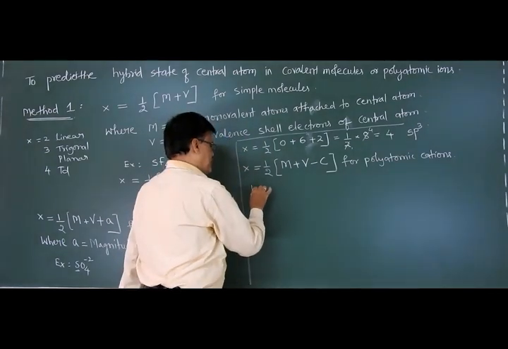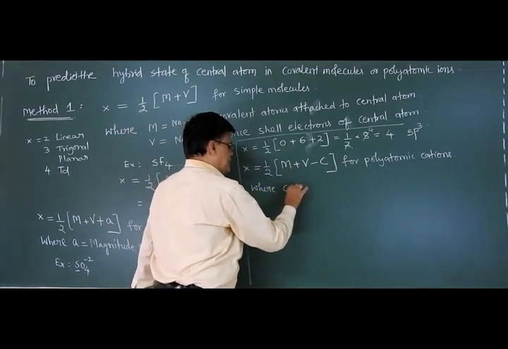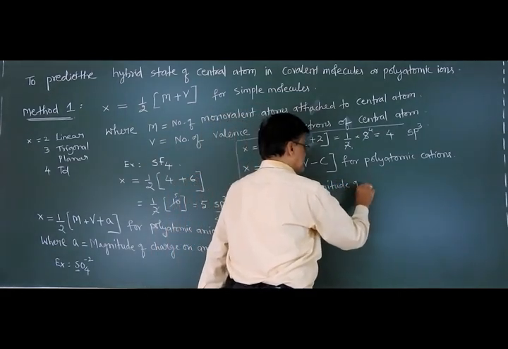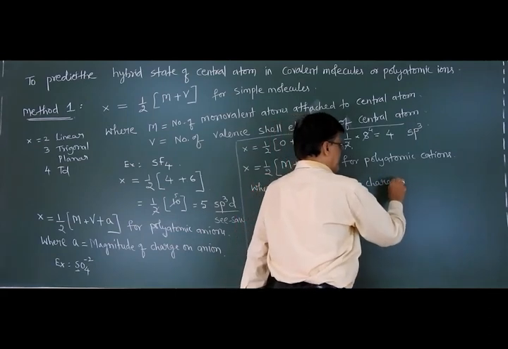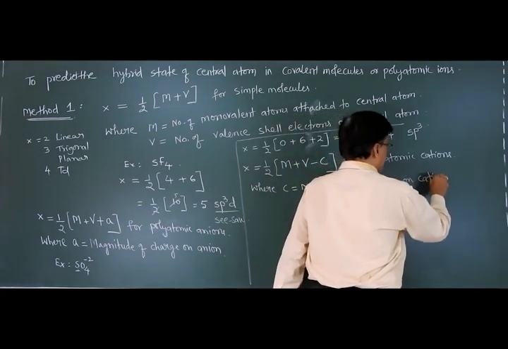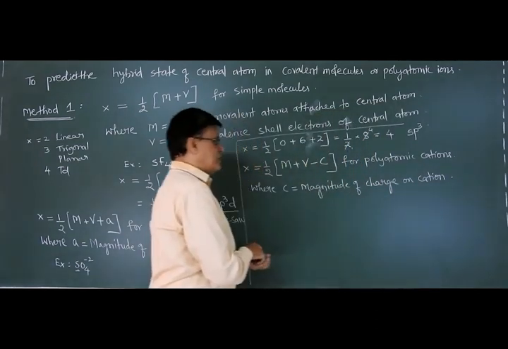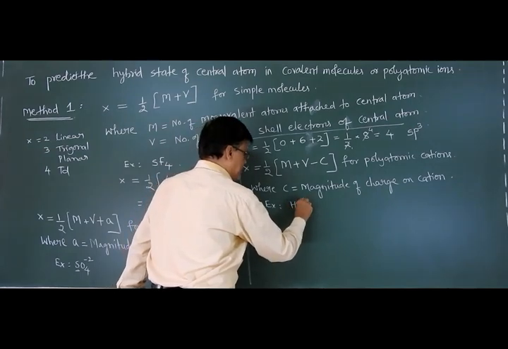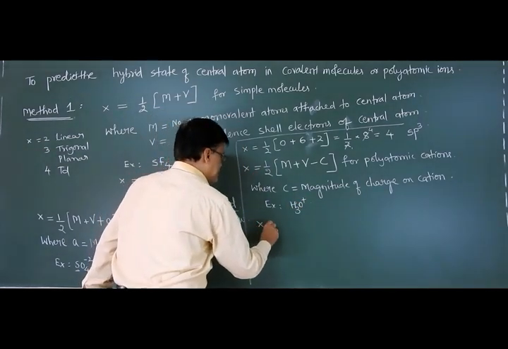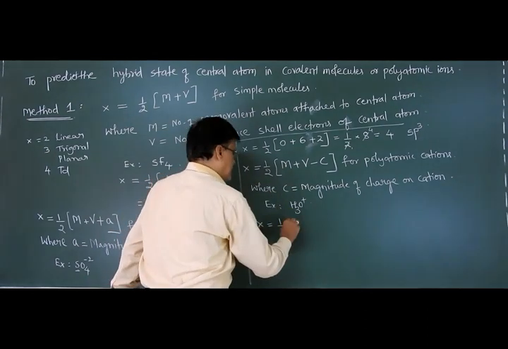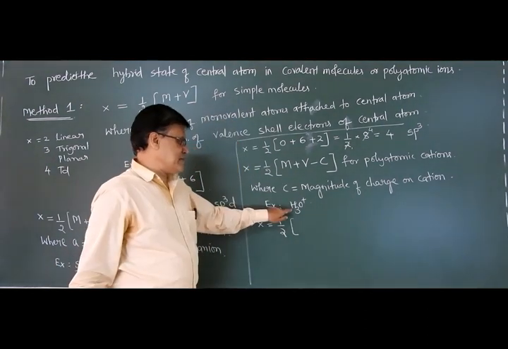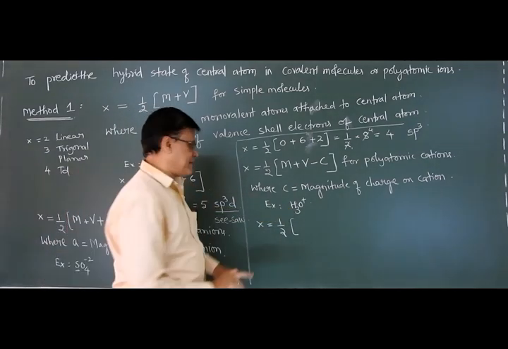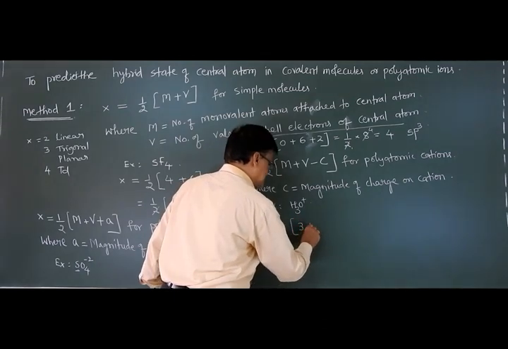Magnitude of charge, where C equals the magnitude of charge on the cation. Just take an example here: H3O plus. According to the formula, X equal to half. What are the monovalent atoms? Hydrogen and halogens are monovalent atoms. Remember, 3 hydrogens are there, monovalent atoms.